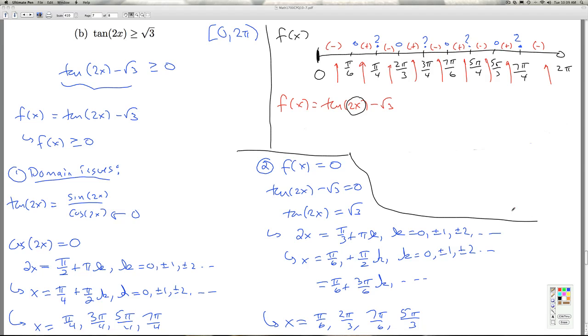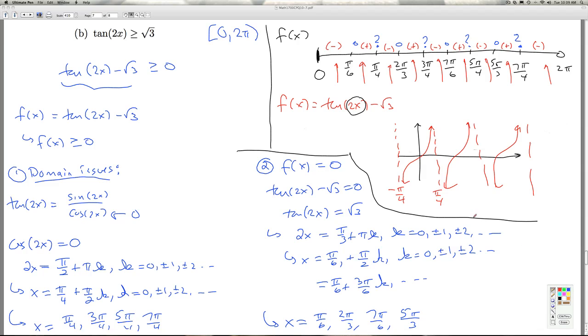So we know with the regular tangent, one cycle of the regular tangent looks like that, and it's between negative pi over 2 and pi over 2. Well, if I've got tangent 2x, then it's going to go between negative pi over 4 and pi over 4, and then it's just going to keep continuing like this.